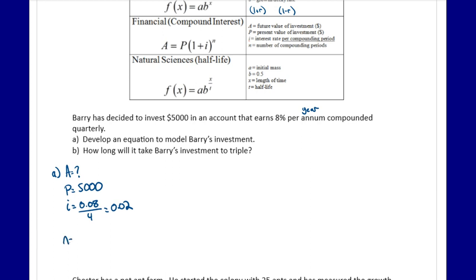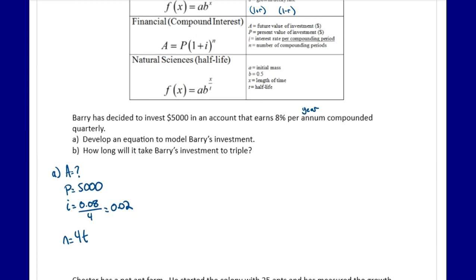And then N, we don't know what N is. We don't know the number of years that we're investing, but whatever it's going to be, the number of compounding periods is going to be 4 times T, the number of years. However many years we're saving, we multiply that by 4 because there are 4 compounding periods every year.